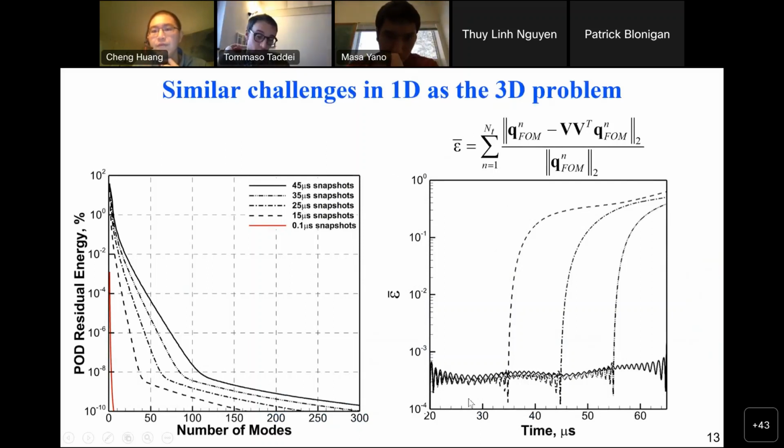Here we are evaluating the projection error just based on the basis generated from these snapshots. Of course, the energy decay is not as scary as in the 3D problem, but again, this is only a 1D problem. You can see it takes about 100 modes or so to get a good decay in the POD energy. So it's still quite a significant barrier.